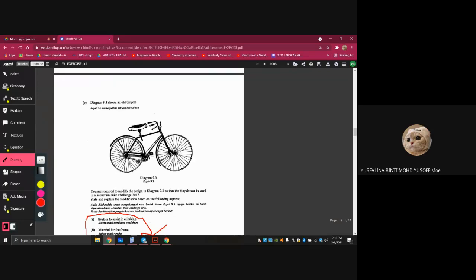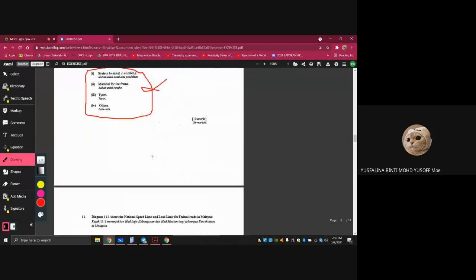Some of you still did it like an essay, and answered it the wrong way. Never mind, let's try to answer it in a table. So put two columns like this. Put the title here, characteristic.